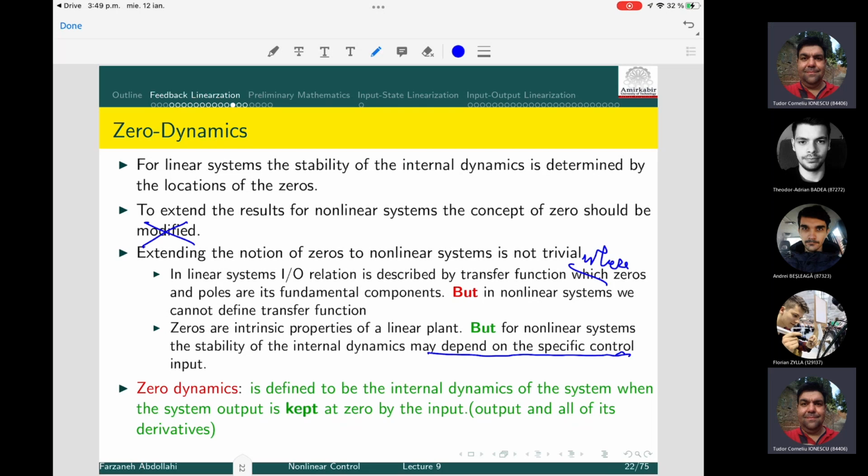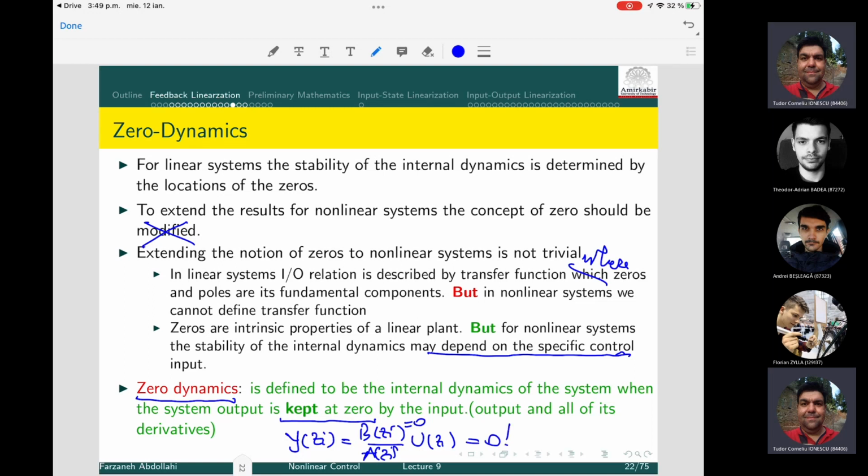So what are the zero dynamics? What do we consider the dynamics of the zeros? It is defined to be the internal dynamics of the system when the system output is kept at zero. Just remember, y_zi is b_zi over a_zi, u_zi, and since this is zero, this is zero. This is how we want to characterize it.